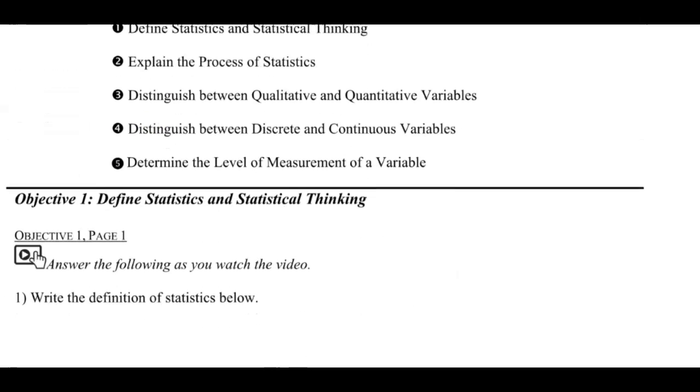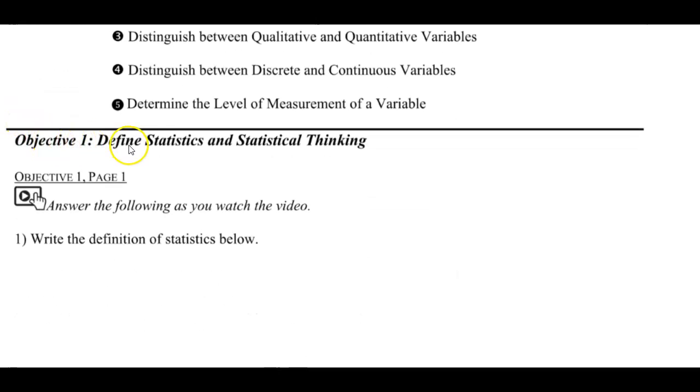If you scroll down a little further, it says Objective 1, Define Statistics and Statistical Thinking. Here, Objective 1, page 1, has a little play icon, meaning you should play the video and answer the following as you watch it. Then you would fill in the definition.